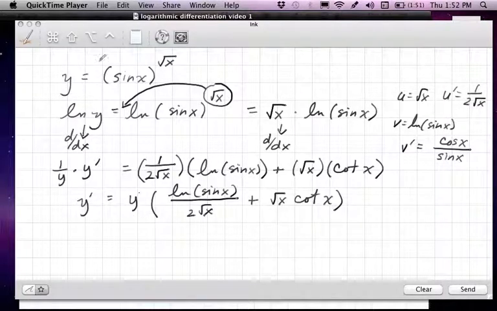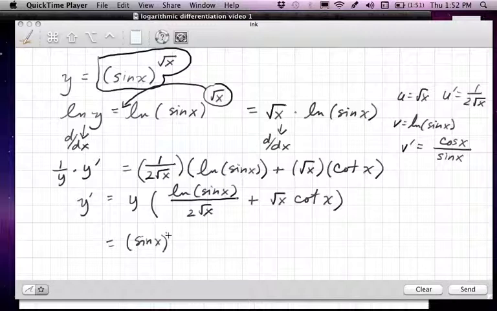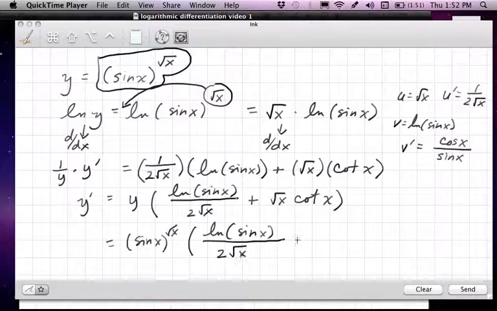Now you need to replace y with what it's equal to. So this is sine of x to the root x times this whole thing: ln sine x all over 2 square root of x plus square root of x times cotangent x. And that's my y prime.